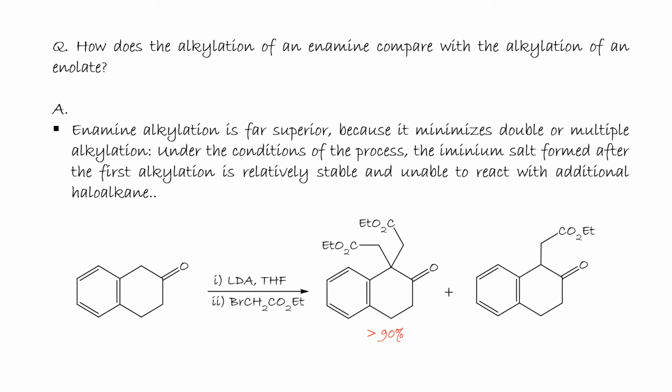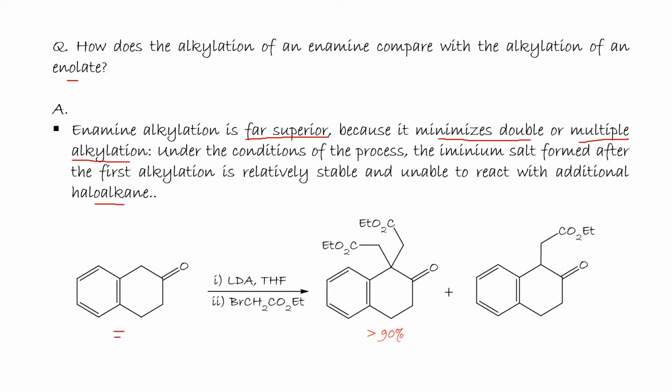How does the alkylation of an enamine compare with the alkylation of enolate? Enamine alkylation is far superior because it minimizes double or multiple alkylation. Under the conditions of the process, the iminium salt formed after the first alkylation is relatively stable and unable to react with additional haloalkane.